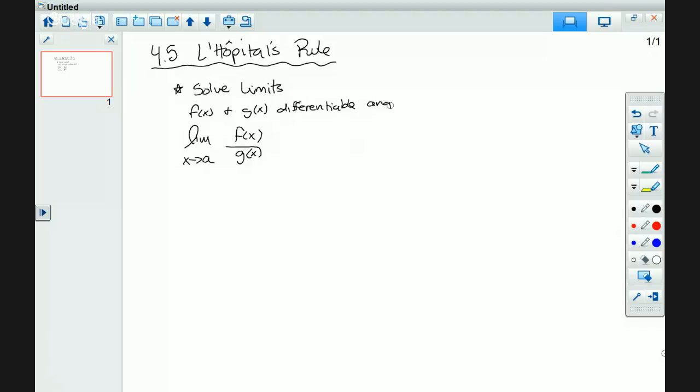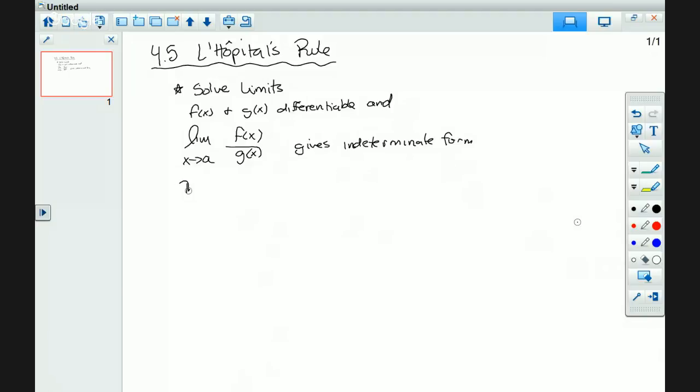So F and G are differentiable, and this gives you an indeterminate form. Remember those? So you have to solve that by plug and chug and get an indeterminate form.